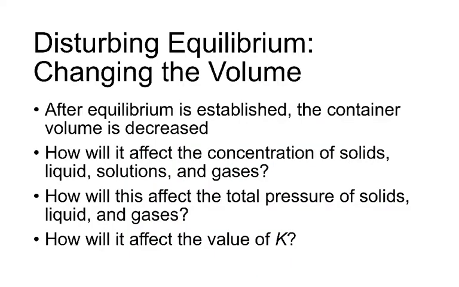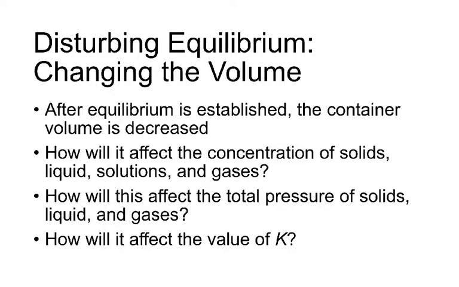What if we change the volume? After we've established equilibrium, the container volume is decreased. So we have to think about different phases. For a solid, that's not going to affect anything. For a liquid, it's not going to affect anything. For a solution, molarity has volume in it already, so you're not going to change your overall concentration.